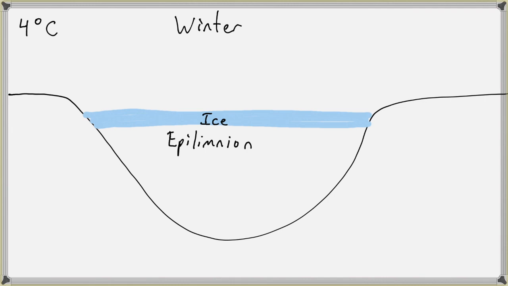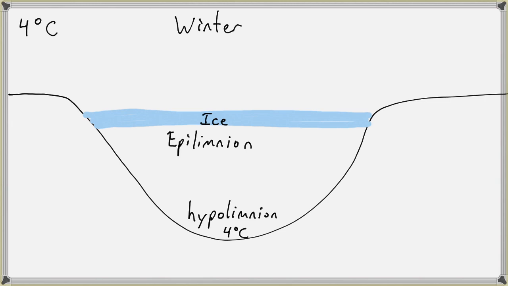And you're going to have a hypolimnion deeper at the bottom. Now that hypolimnion is going to be where that 4 degrees Celsius water is sitting, right? It's become heavy, it's sunk to the bottom.